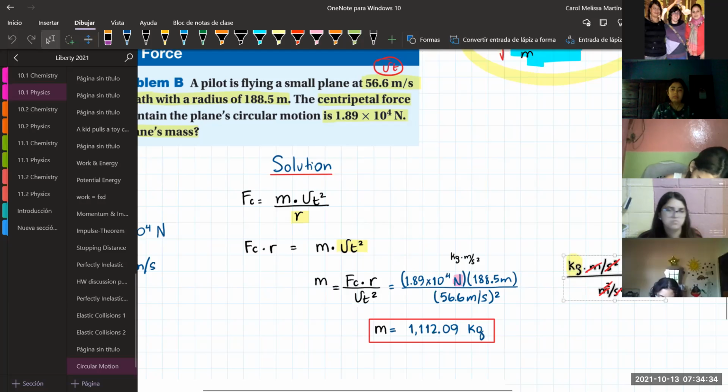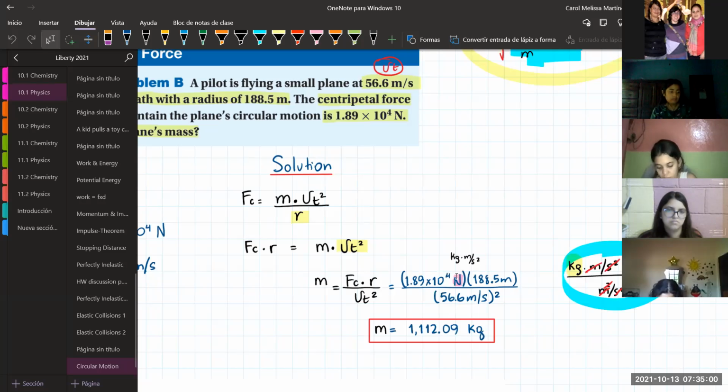Now, you don't really need to do this procedure because all the units are corresponding. I mean, your force is already in Newton, your radius is in meters, and your speed is in meters over seconds. So all units are corresponding. That's why when you cancel the units, there's no way that you obtain something different than kilograms.